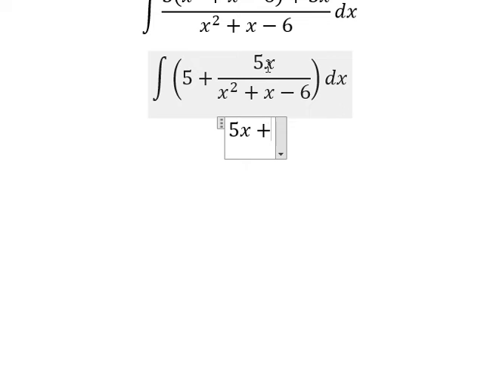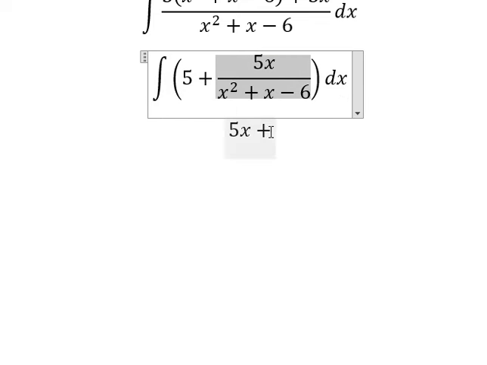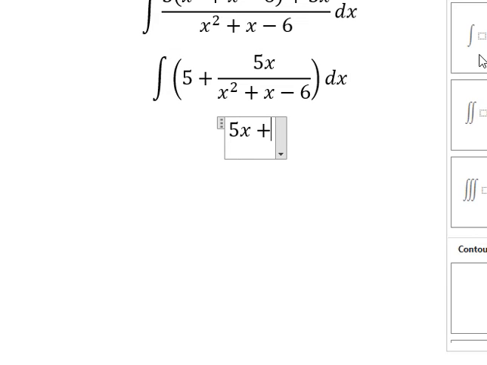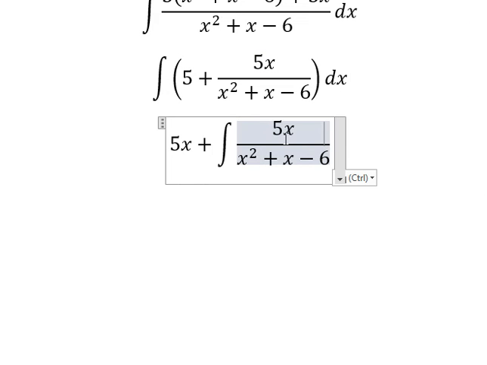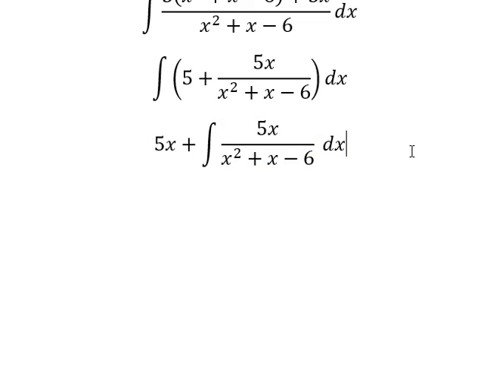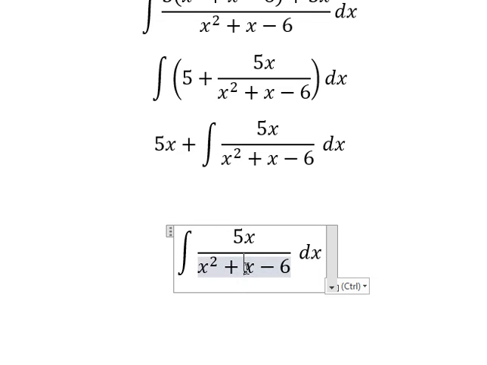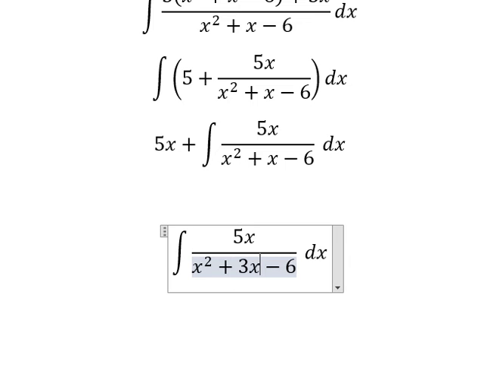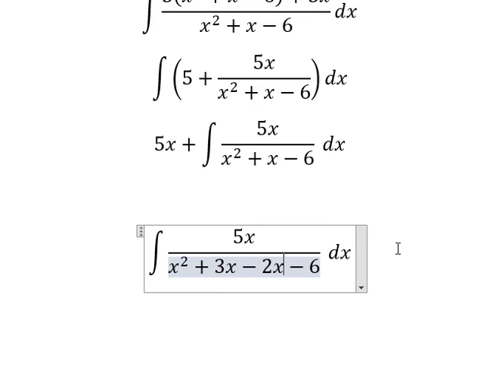Now, I will consider this one. So, about s, I can put into 3s minus 2s.